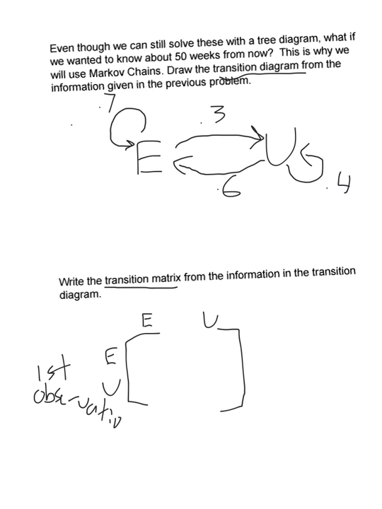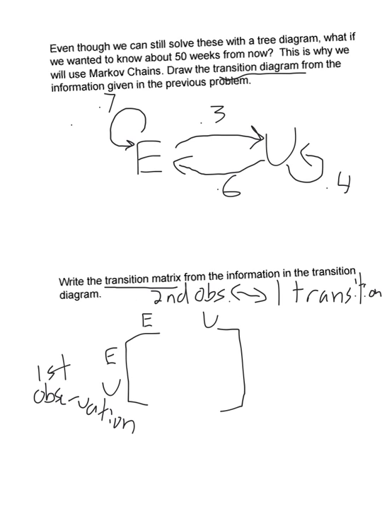The columns represent our second observation, which is also sometimes called after one transition. Second observation or after one transition means the same thing.